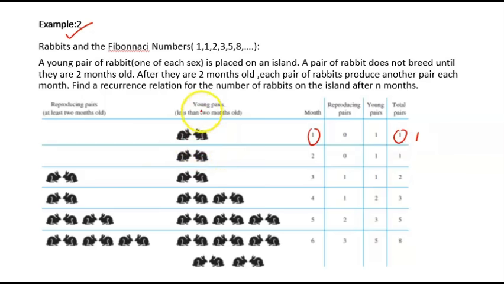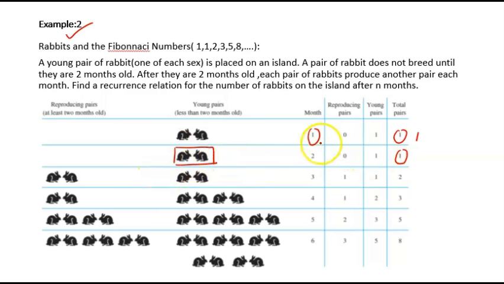Now they do not reproduce until they are 2 months old. So at the end of the second month also, the number of pairs of rabbits will just remain 1, meaning the original pair will be there.